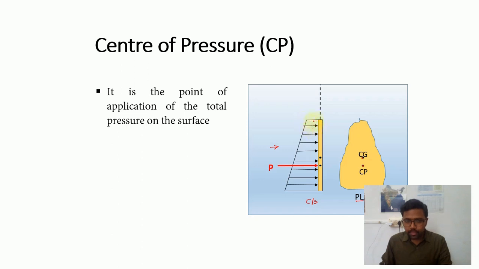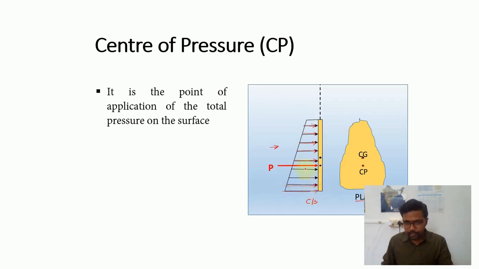At lesser depth the pressure is lower, but at greater depth the pressure is higher, right? So if you replace it with the resultant force, the resultant force is nearer to the base.